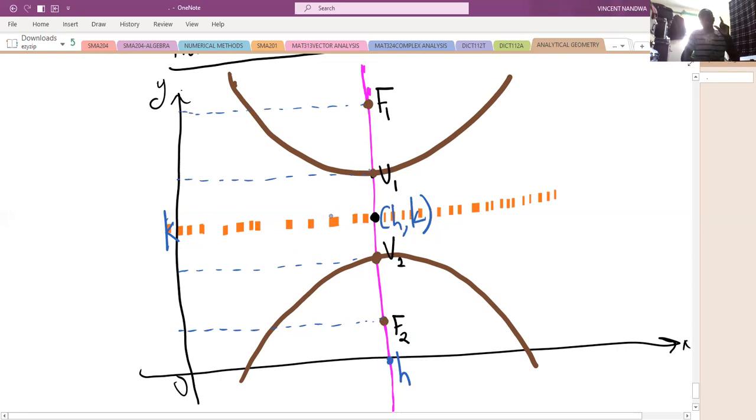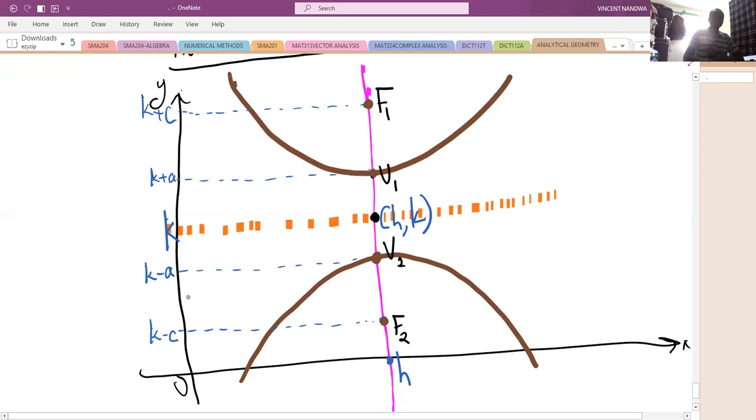Because always the distance from the center to the vertices is a units. So if this is k, moving up, it will be k plus a units. Moving down will be k minus a units. And then from center to foci is c units. So from k, we have k plus c, and then this will be k minus c.